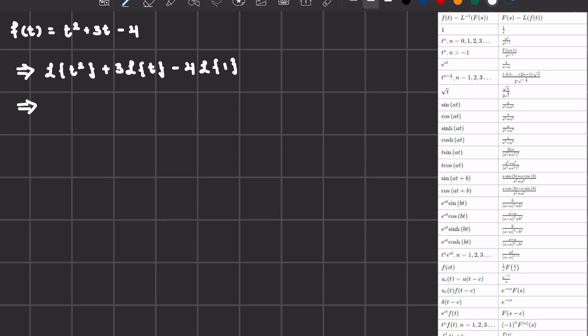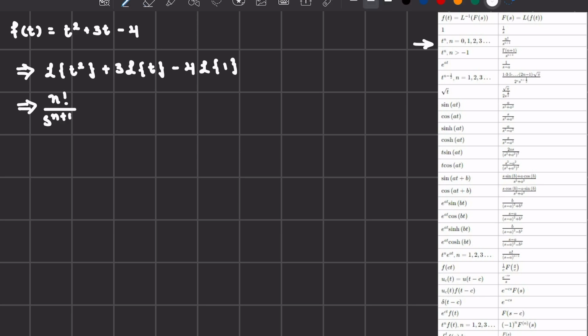We can see from the table that for t to the n, when n is greater than or equal to 0, it will just be n factorial over s to the n plus 1. So we now know how to solve for t squared and also for t.